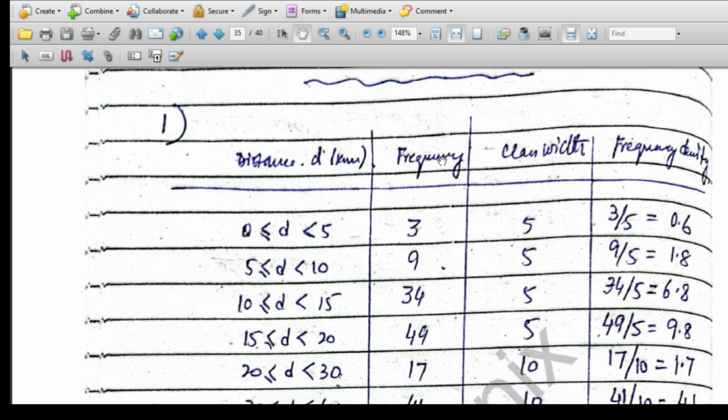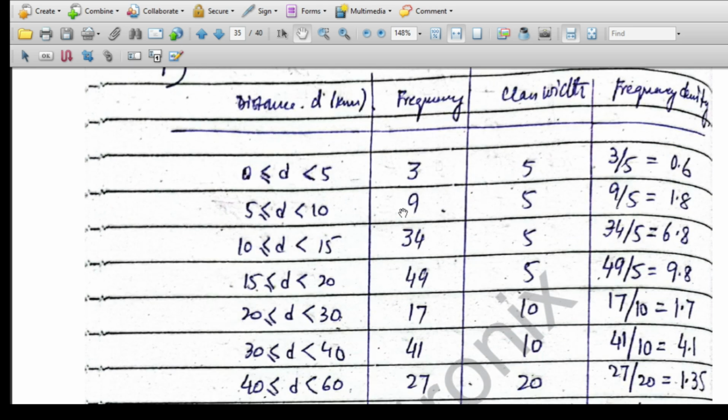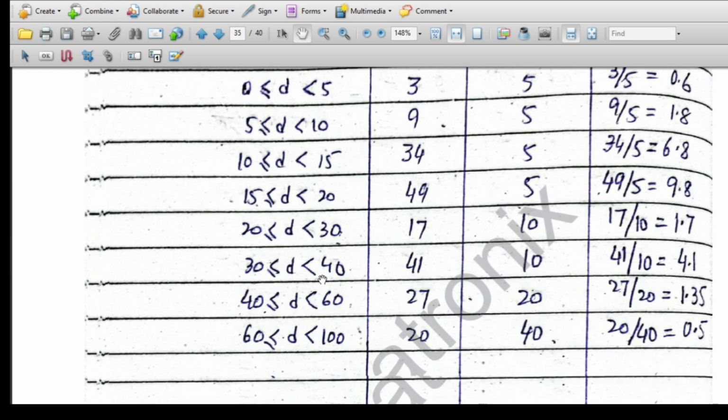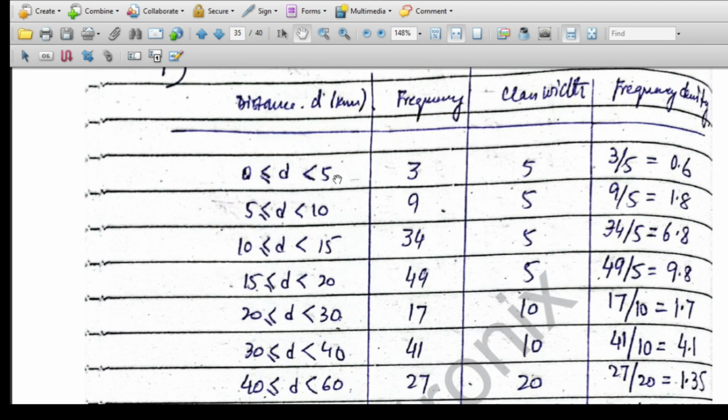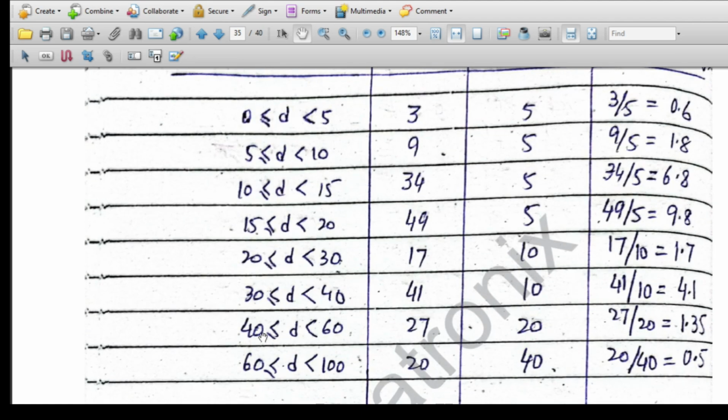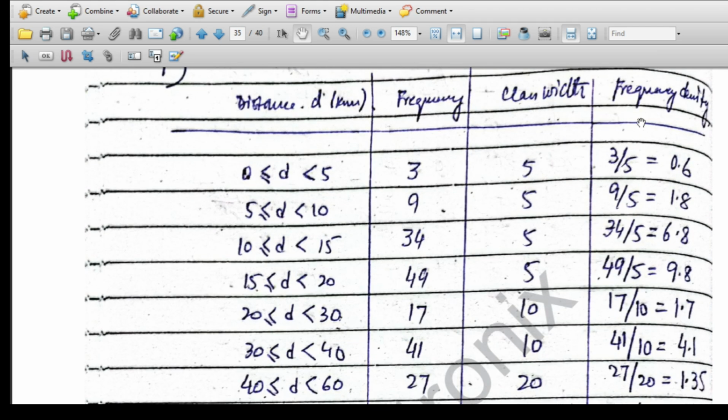So we will divide the frequency by the class width to obtain the frequency density. Similarly, we redraw this information here. The class width is 5 for 0 to 5, 5 to 10, 10 to 15 and 15 to 20, 10 for 20 to 30 and 30 to 40, 20 for 40 to 60, and 40 for 60 to 100.